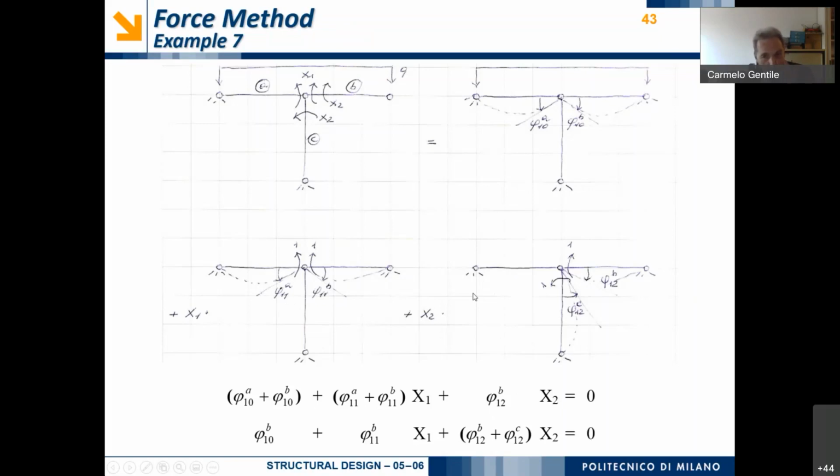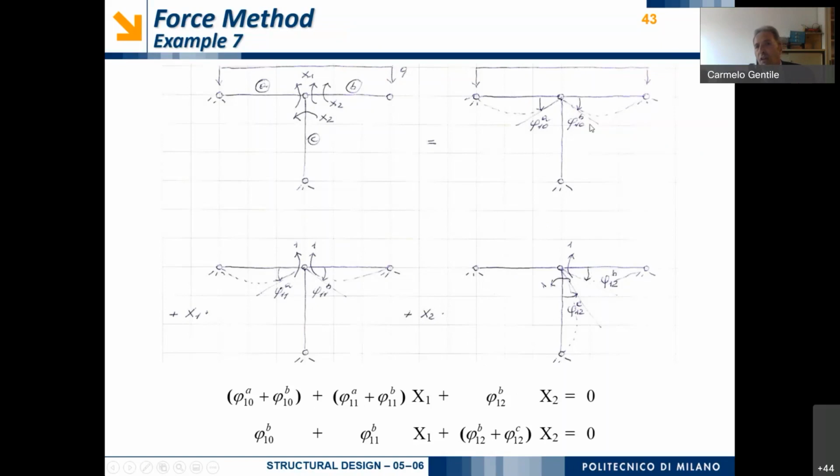Afterwards, I have to consider that there will be no relative rotation between beam B and column C corresponding to this point number 1. And so we will have to look at the different rotation.